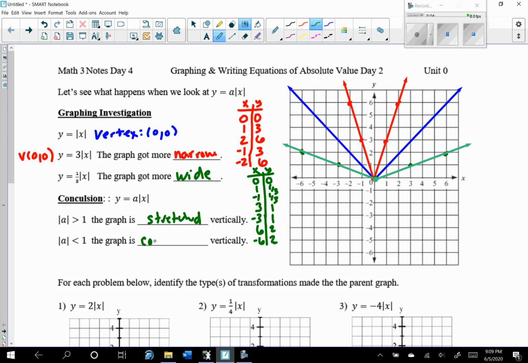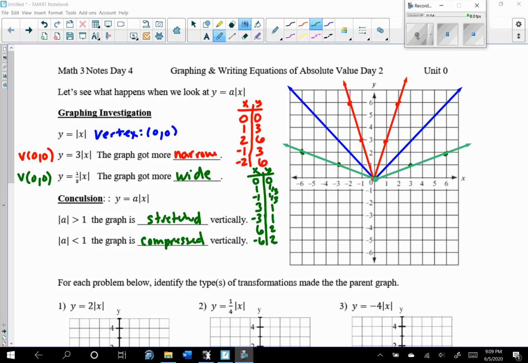So the graph is compressed vertically when the absolute value of a is less than 1. We call that a vertical compression, and the other one was a vertical stretch. So make sure that you use those vocabulary terms when you are talking about these functions. And the vertex for this one again was also at 0, 0.